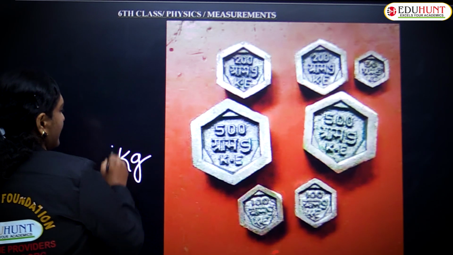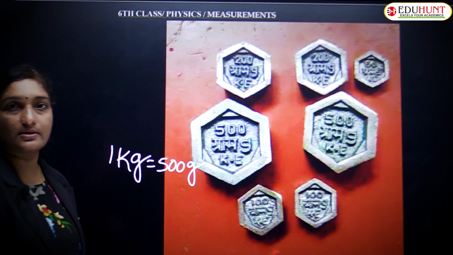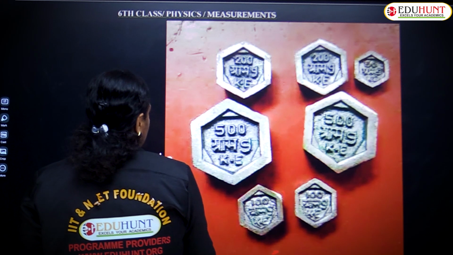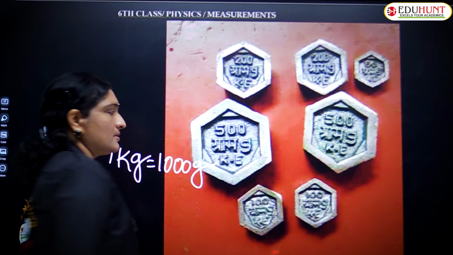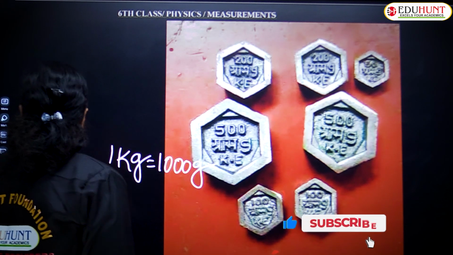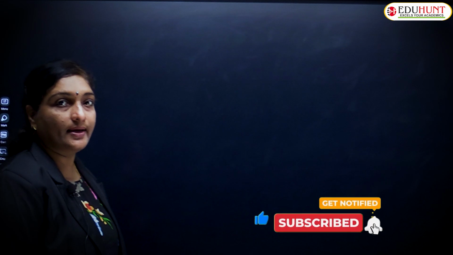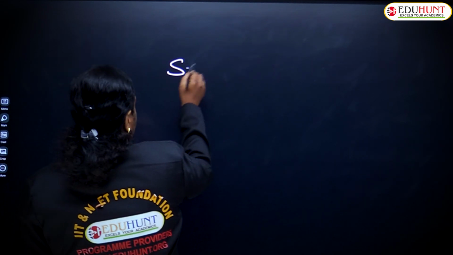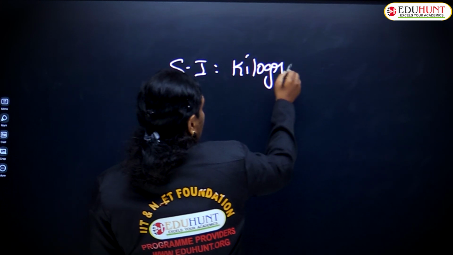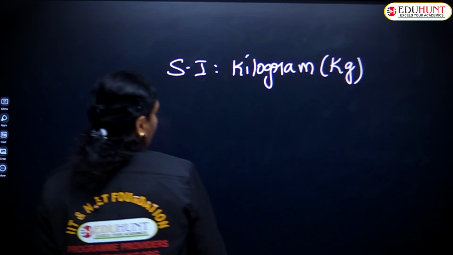Here 1 kg is equal to 1000 grams. Along with that, what is the SI unit, children? Kilogram. So to measure mass, the SI unit is kilogram, symbolically represented as kg.